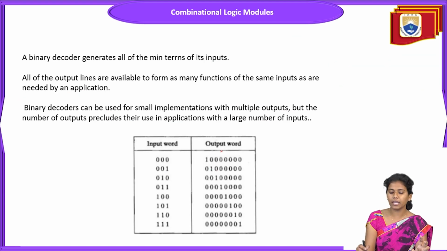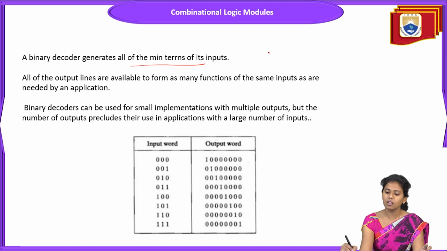So a binary decoder generates all the minterms of its input. All these minterms and maxterms are present in the SOP and POS forms. We will be writing the Boolean expressions in terms of sum of products or product of sums, which is a combination of AND and OR gates.